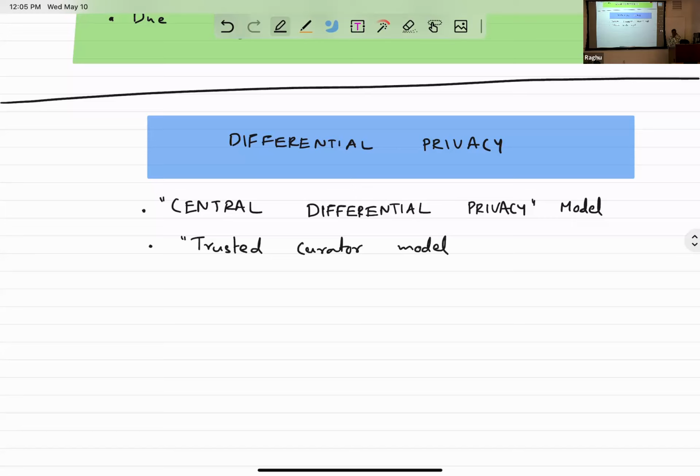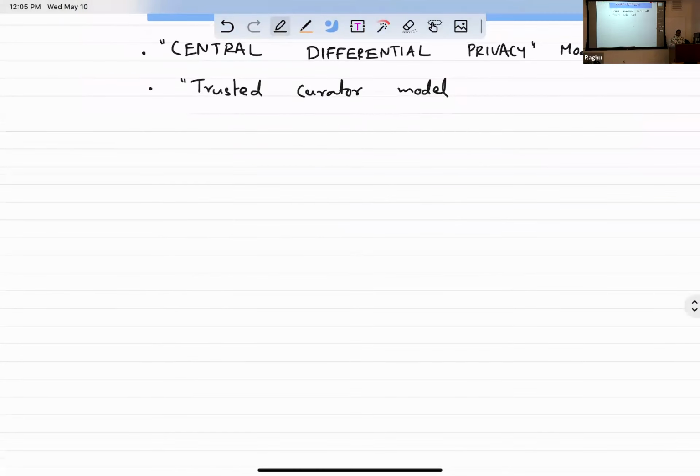Maybe this is too strong an assumption in some cases, but to get us started to define things, I think it's a good model. And it's reasonably applicable in many settings. So what's the trusted curator model? Imagine the following setup. You have n users, user 1, user 2, all the way up to user n.